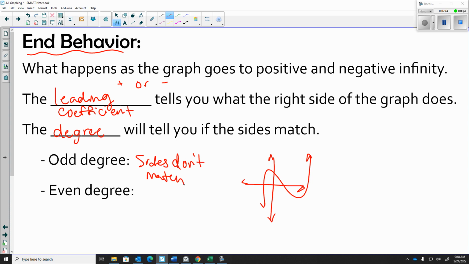Even degree means the sides do match. So in order to determine the end behavior of the graph, these are the two things you need. You need the leading coefficient and you need the degree. And I'm going to do an example of this in like 5 seconds.